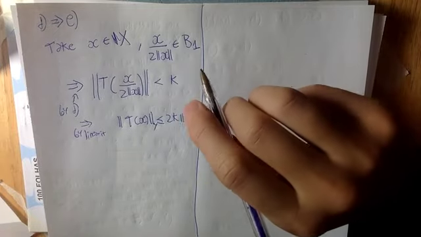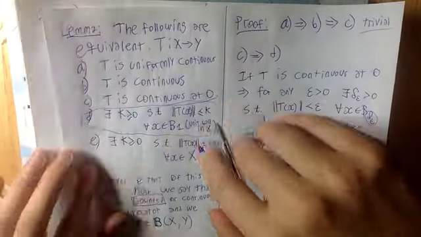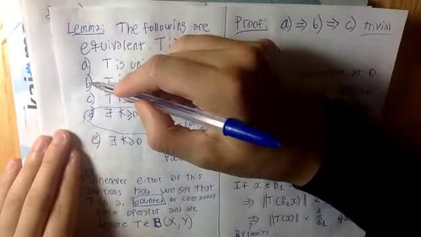Now we have done all the implications: A implies B implies C implies D implies E, and now we want to show that E implies A. Having this boundedness implies that T is uniformly continuous. Again, the main point is just to use the linearity. So E implies A. What do we want to do?